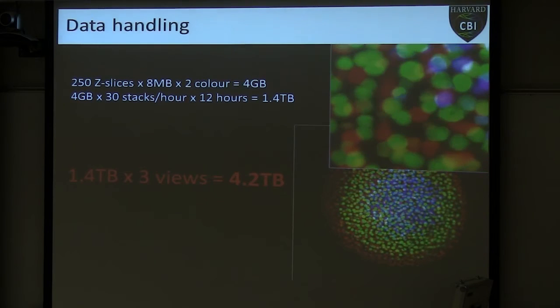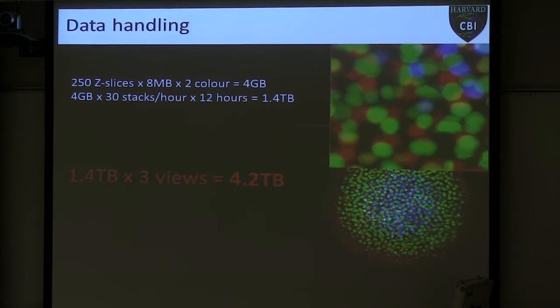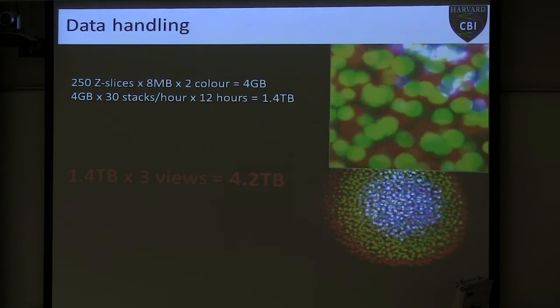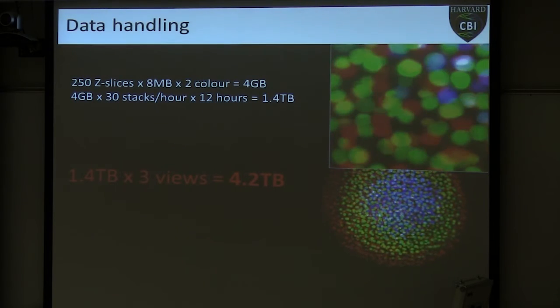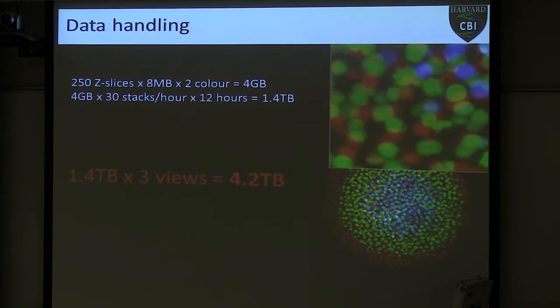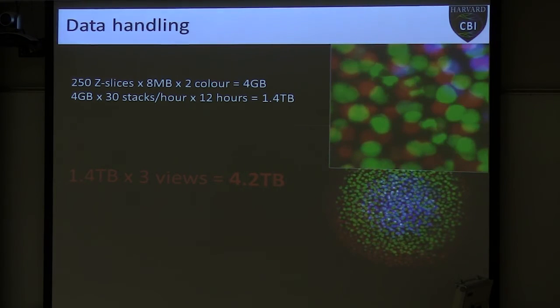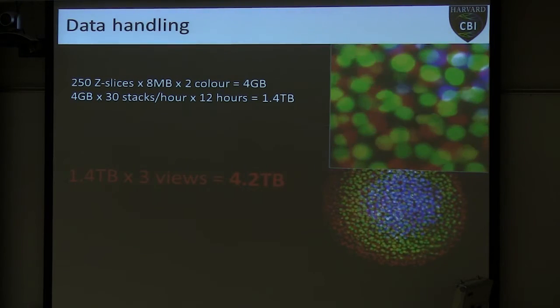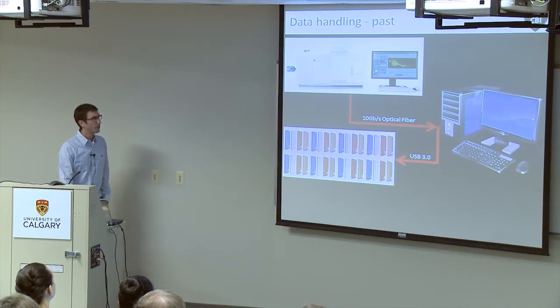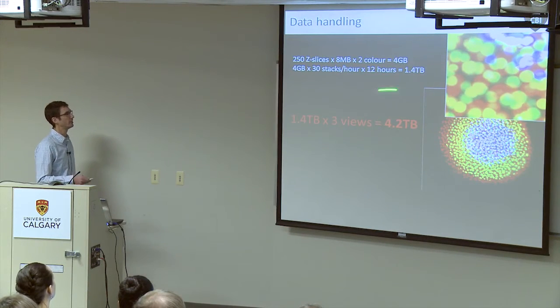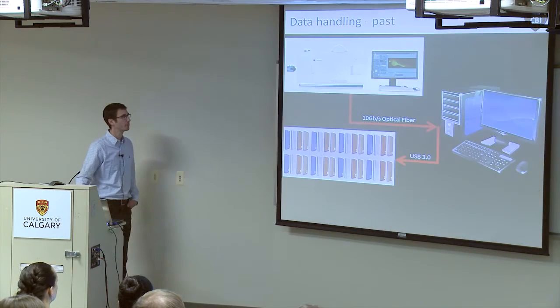Seems pretty big, but then let's remember we're doing a multi-view, so we then have to multiply that by 3, and now we're at 4.2 terabytes, right? This is 12 hours. You could do this for 24 or 48. So you can see we're dealing with some pretty massive data sizes here.